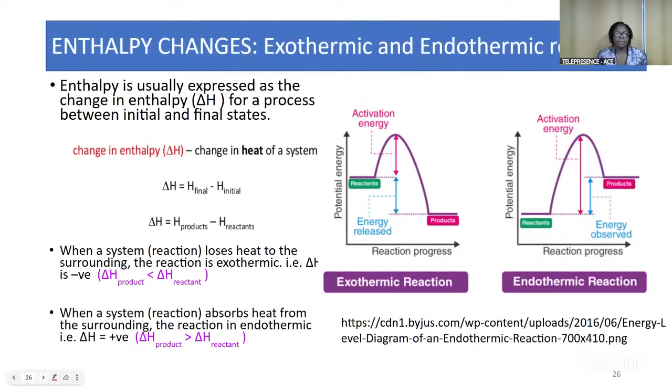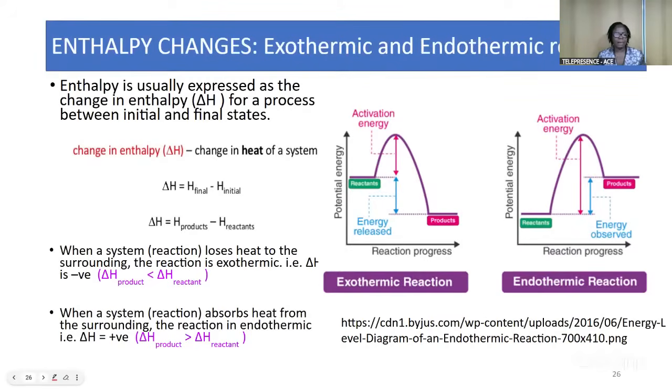So change in enthalpy, delta H, means change in heat of the system. Don't forget that I said heat can be expressed as Q. So for a system or a reaction, delta H is H for the final state minus H for the initial state. And for a chemical process it is H of the product minus H of the reactant.